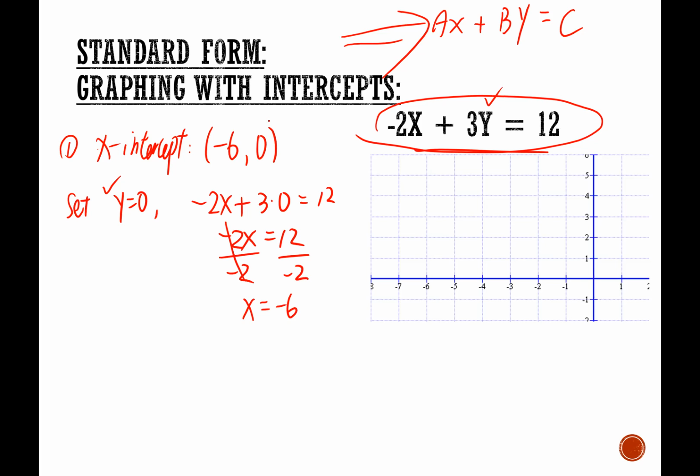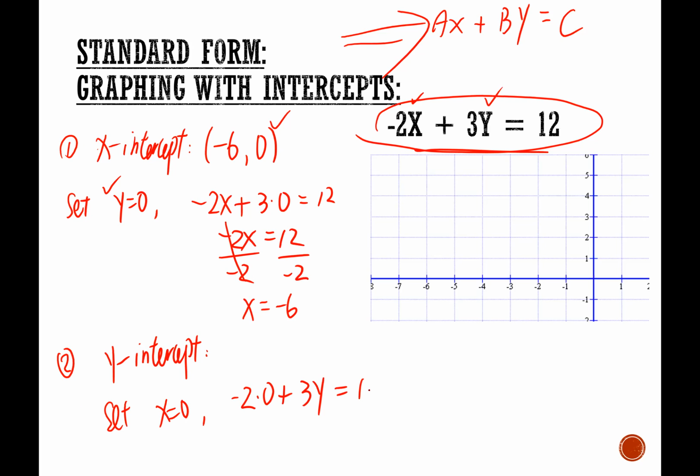Okay, we have that. The next step is to find the Y-intercept. In order to find the Y-intercept, we set X equal to 0 and replace X with 0. So we get negative 2 times 0, adding 3Y, equal to 12.